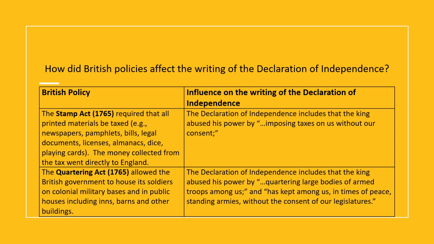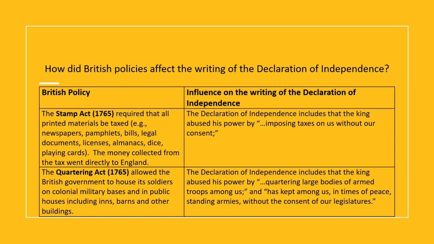But still, they had no say in whether or not the British government was there, but yet they had to house their soldiers, whether it would be on colonial military bases that had been established just for the colonists, or in public houses, such as inns, barns, and other buildings. So inns, barns, and other buildings might be houses that were set up to help the poor or to keep animals or other kinds of things.